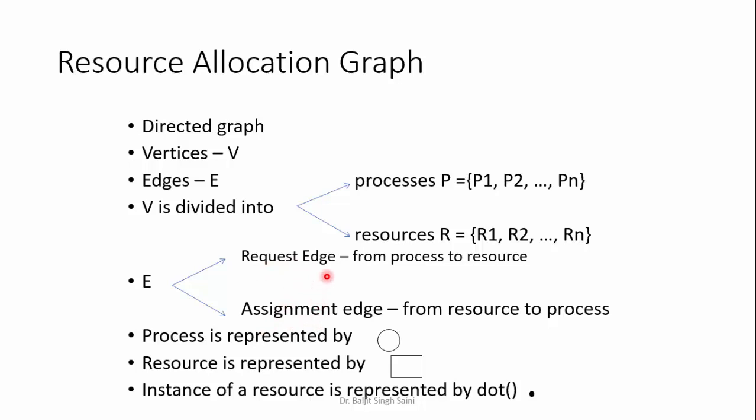The request edge is from the process towards the resource, which means that the process is requesting that particular resource. Assignment edge means that the resource is allocated to the process. Hence, the assignment edge is from the resource towards the process. The process is denoted by a circle, the resource is denoted by a rectangle, and the instances of the resource are represented by dots.